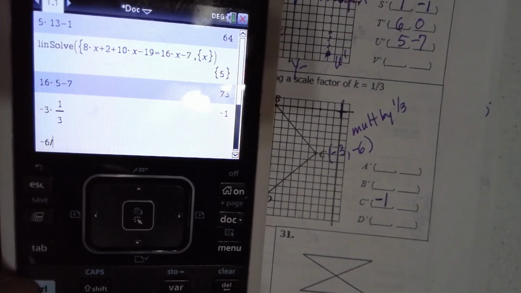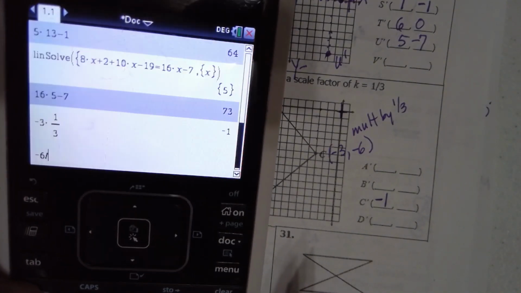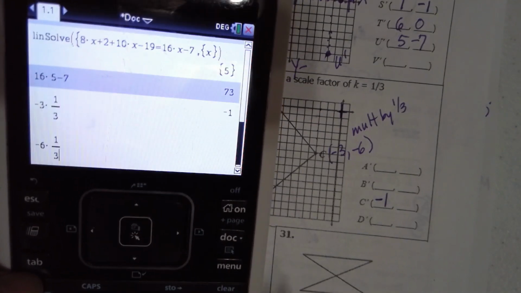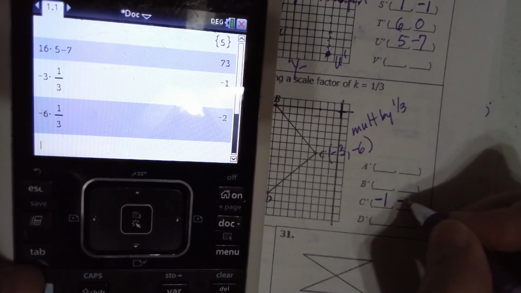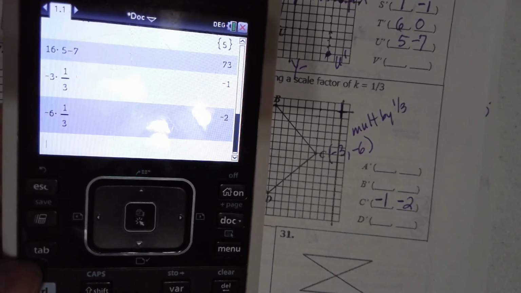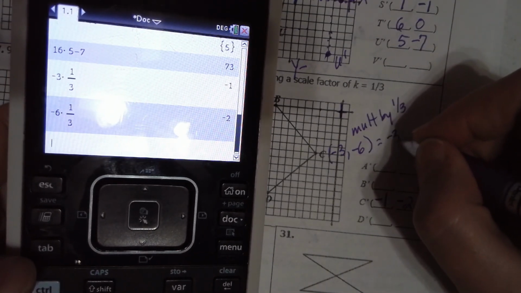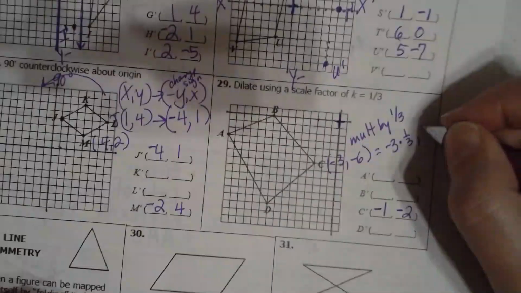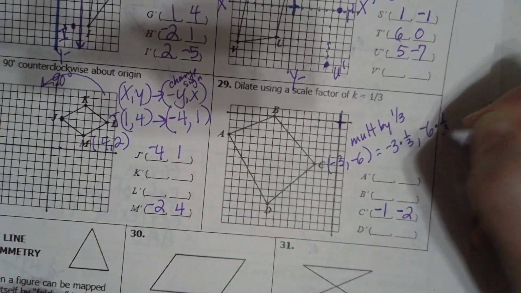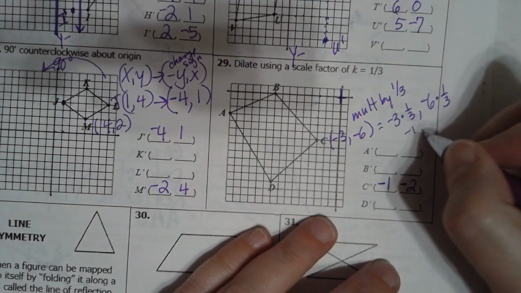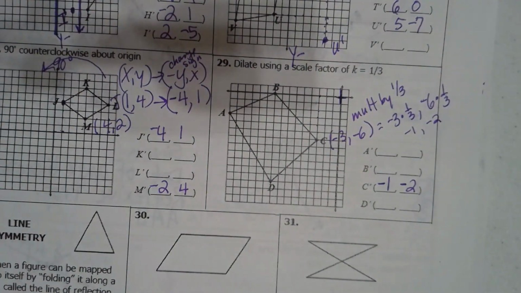Negative 6 times, oops, not divide by, times 1/3 makes negative 2. So we did negative 3 times 1/3 and negative 6 times 1/3. And we got negative 1, negative 2.